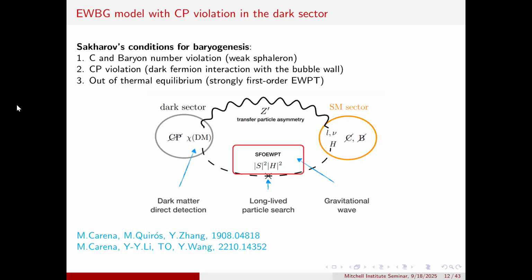So we have to construct some kind of portal to transfer the CP asymmetry to the standard model sector. This idea was first proposed by my advisor, Marcela Carena, and collaborators. Later on, we have a paper that calculated the phase transition history carefully.